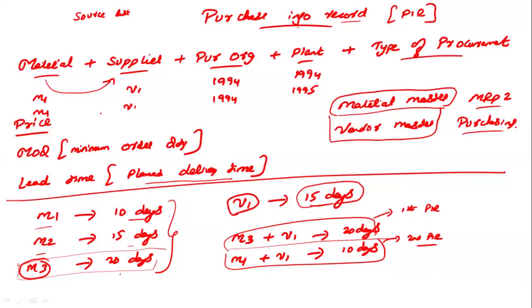So whenever we want to create a specific record between a material and supplier, it should always be in the combination of material plus supplier plus purchase org plus plant. As of now, leave type of procurement. We'll discuss that later. So that is how the purchase info record is going to help you manage.